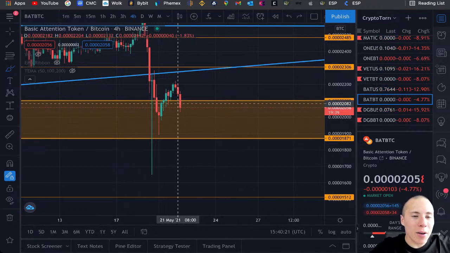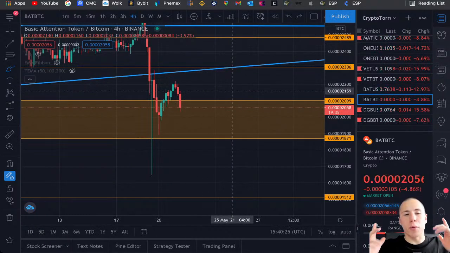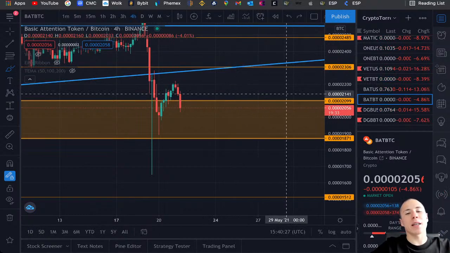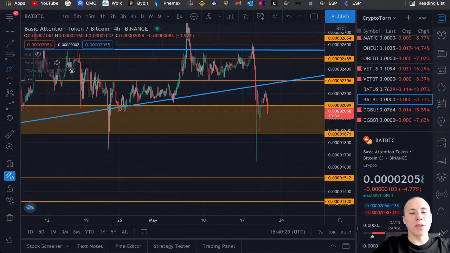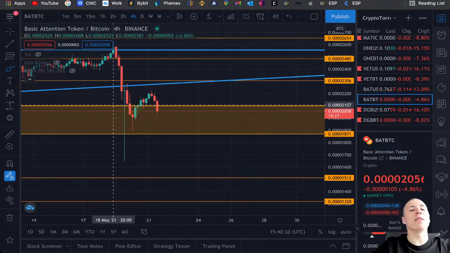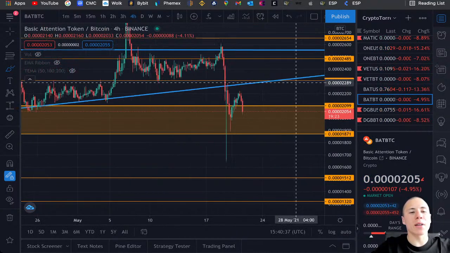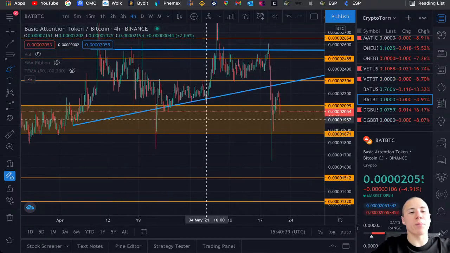And right now I am just curious if we will see this W formation being created on basic attention token, to see if it will be able to re-enter this upward sloping resistance and find support right on top of it, because then it will also be re-entering the previous trend.